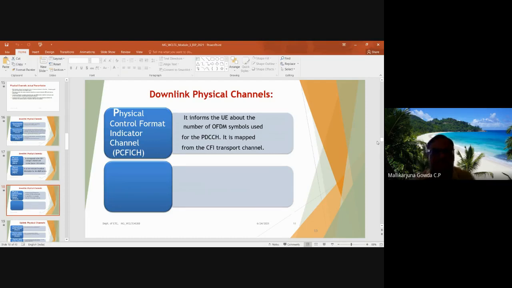Okay, CFI means what? Control format indicator, right? CFI transport channel. So this is all about the downlink physical channels. So totally there are 6 downlink physical channels.